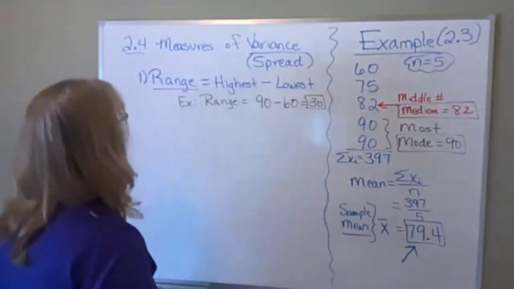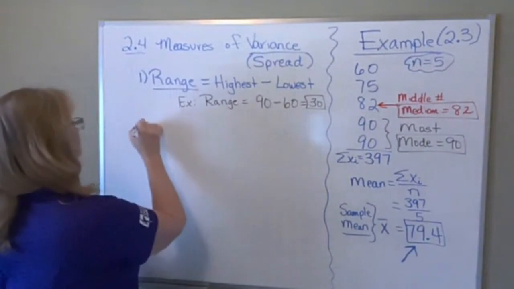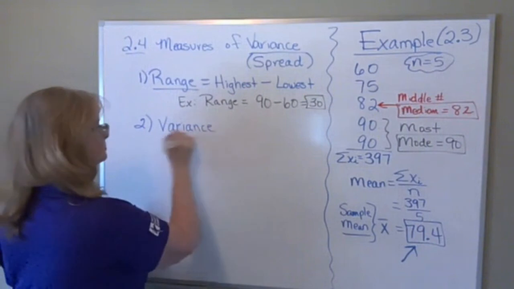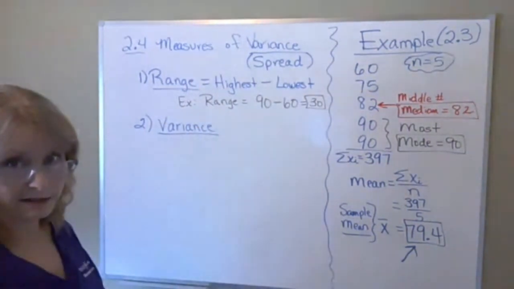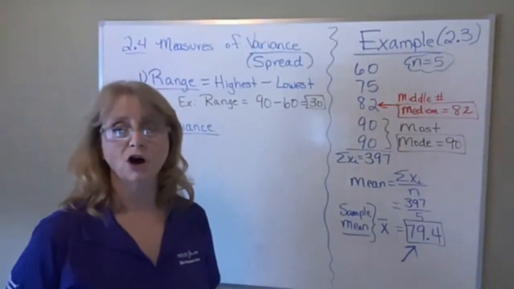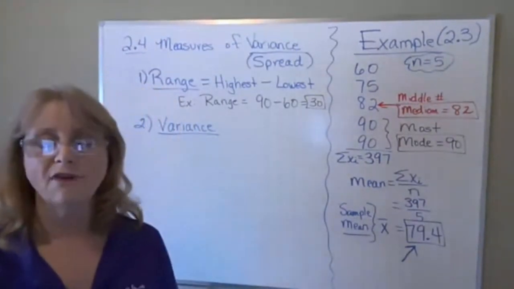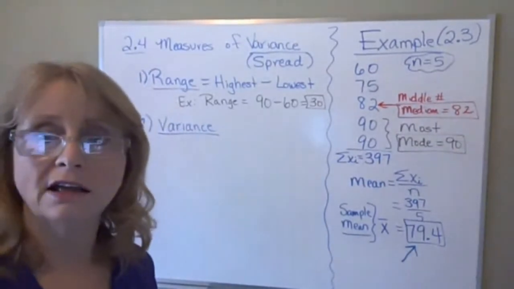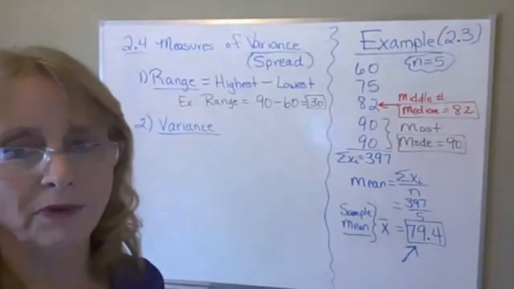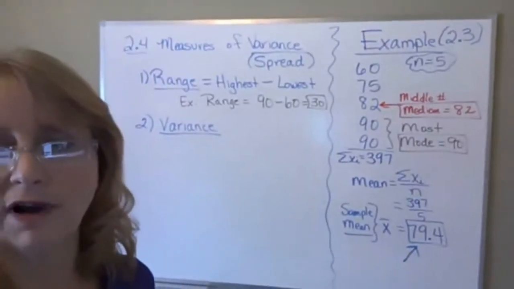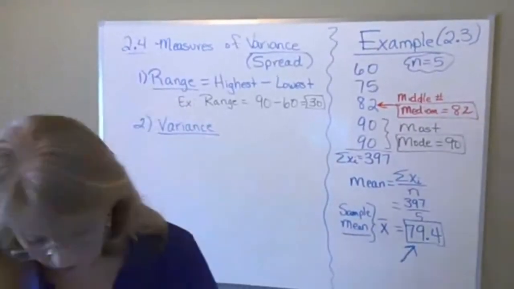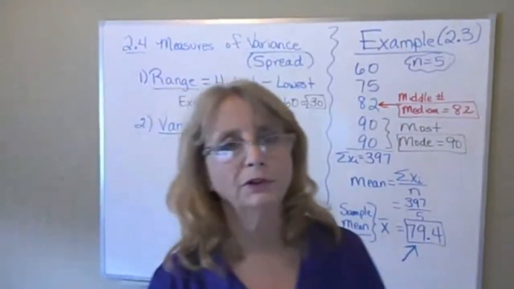The second one is the one that's a little bit hard, and it's actually called variance. Now, what I want to show you is the formula for variance that's on your formula sheet. I have it here as a file I can share, and I'm going to share that formula sheet with you. And hopefully you've printed it out. If you haven't, you need to go find it in the Unit 1 folder.